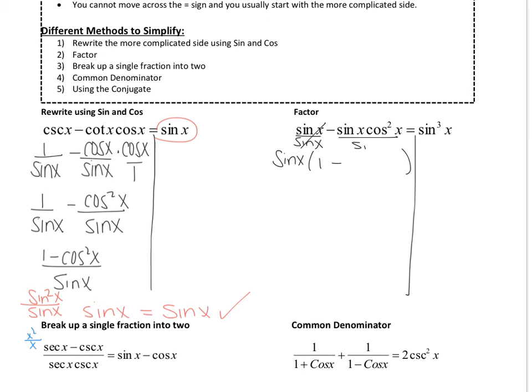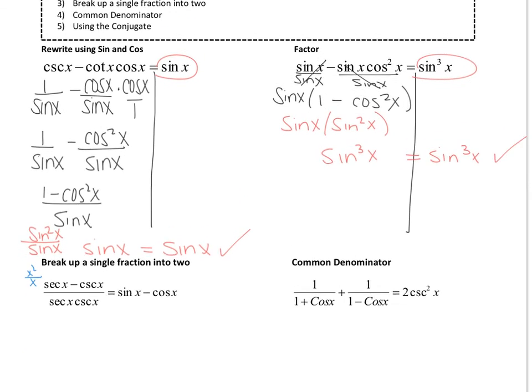And after we divide sine x here, we get cosine squared. Now in order to finish this problem, you need to know that 1 minus cosine squared x is actually sine squared. And I want to multiply this by the sine x that's already here, and I'll actually get sine to the third x, which actually is this side. So, does the left side equal the right? Perfect. We're good to go.